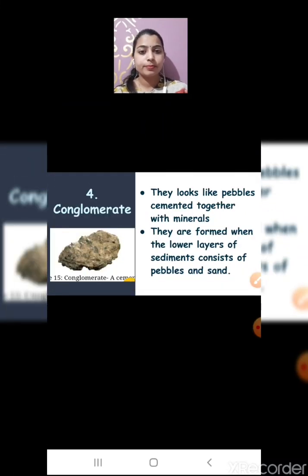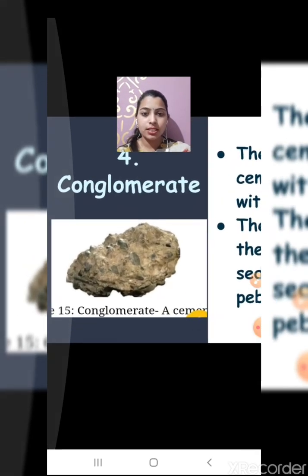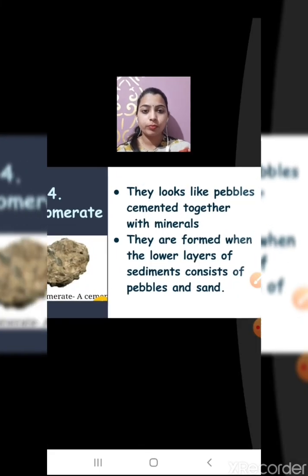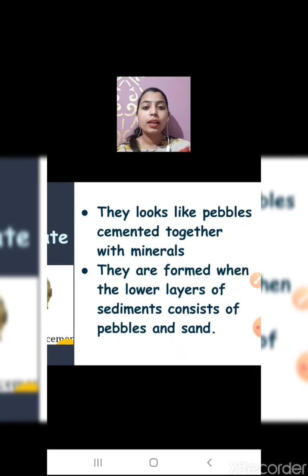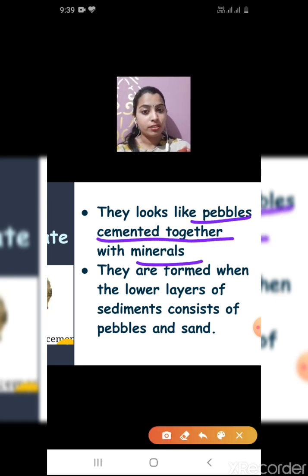Now we have the fourth type, that is conglomerate. What is it? They look like pebbles. Pebbles mean small stones. They look like pebbles cemented together with minerals.